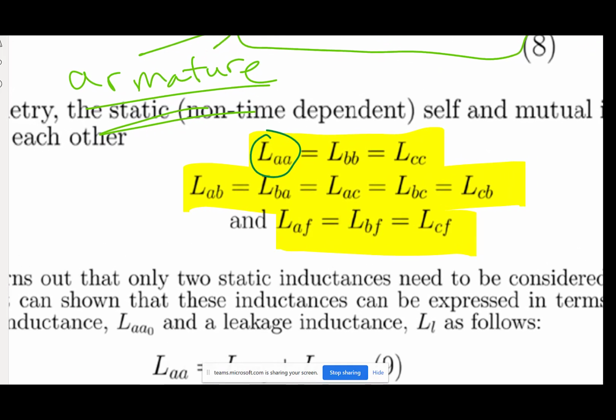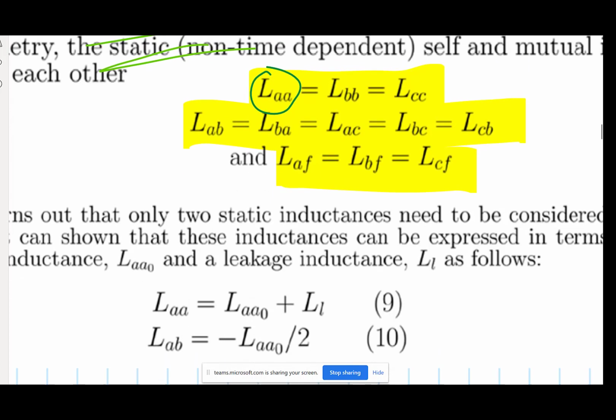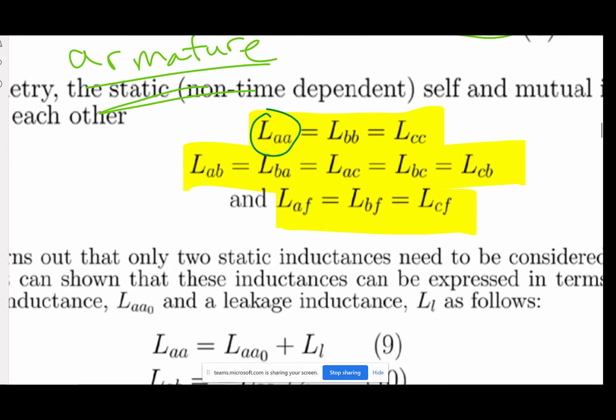And so we have a self-inductance on the A winding, and we have a mutual inductance on the A winding, relating between the different stator self and mutual inductances.